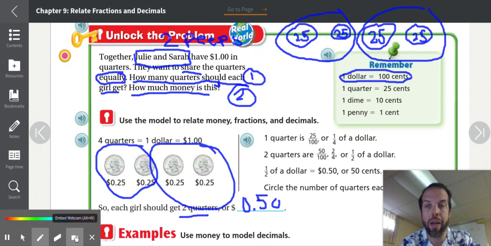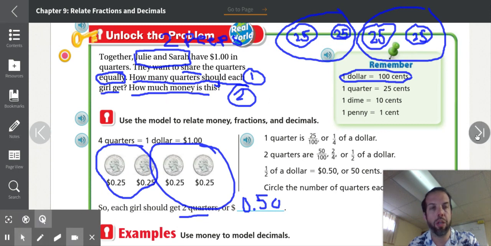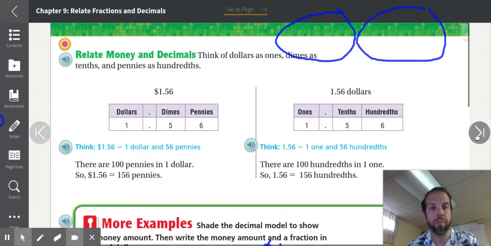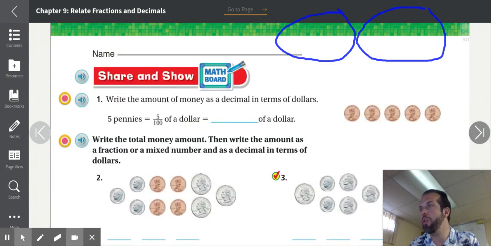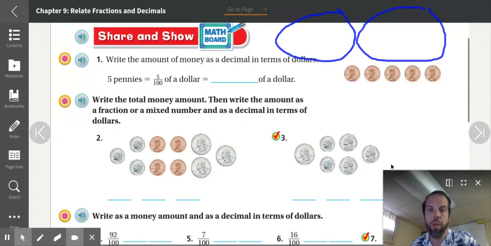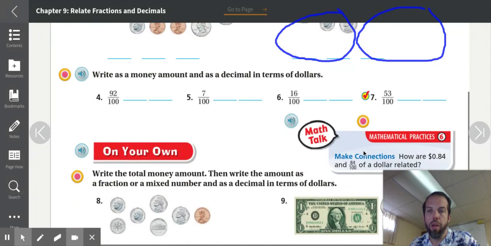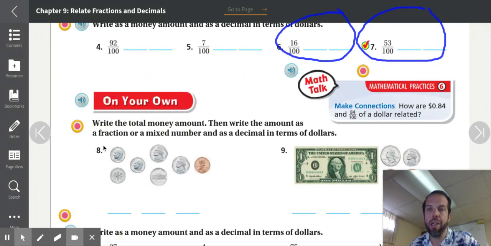So what you are going to do today is go to page 515. You're going to do 515, number 8 and number 9.